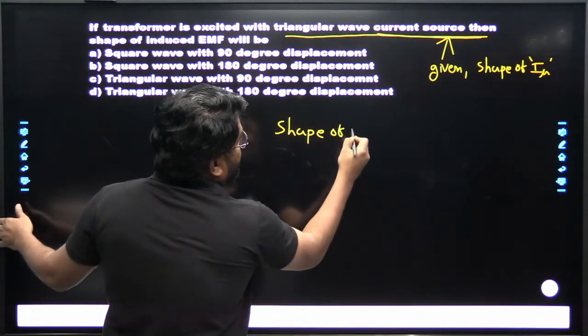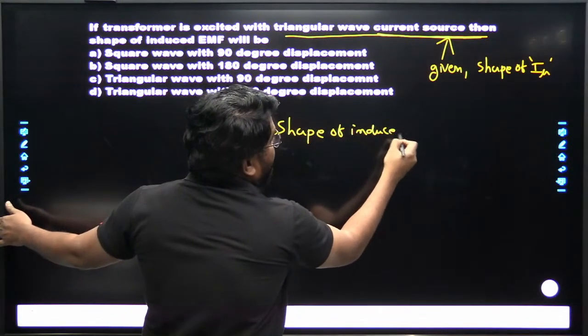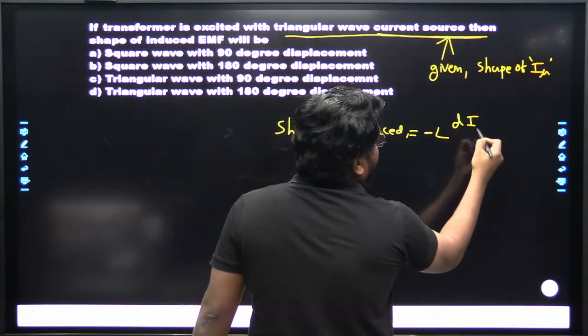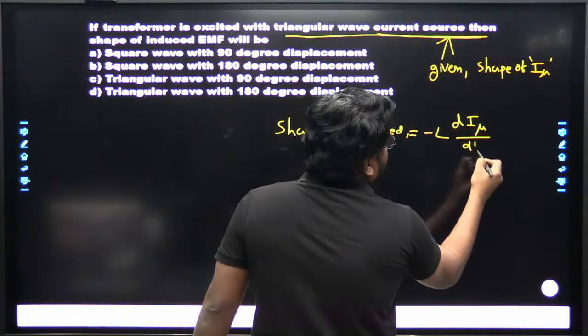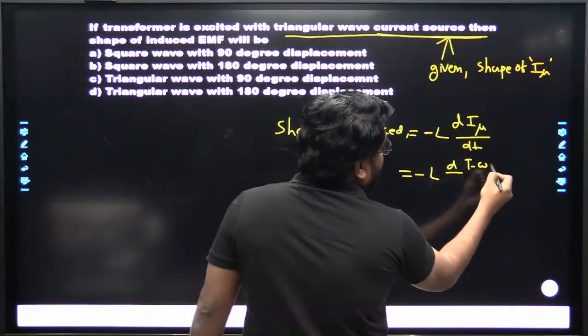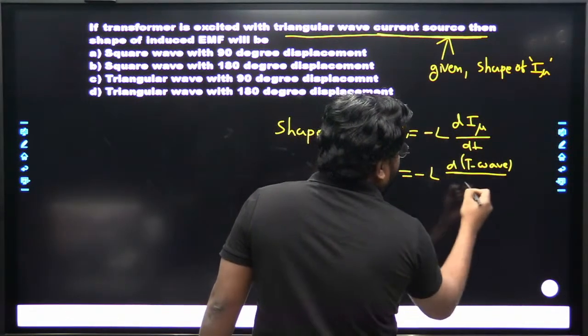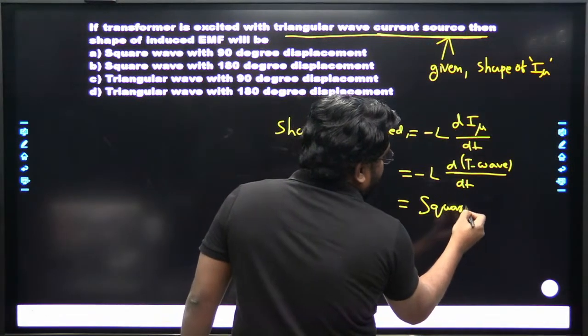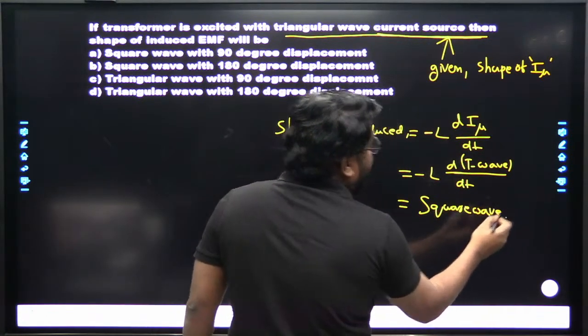So this induced EMF shape, how do we find it out? That is equal to minus L dI_mu by dt. Differentiation of the triangular wave with respect to time gives us a square wave. But what about the displacement?